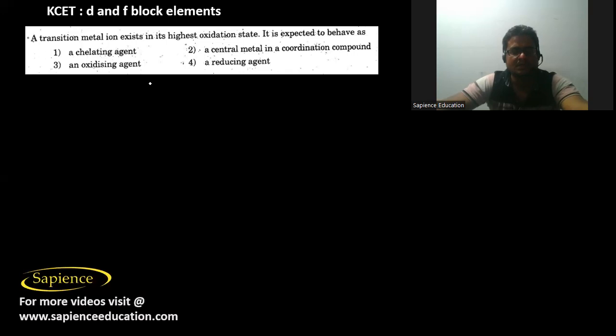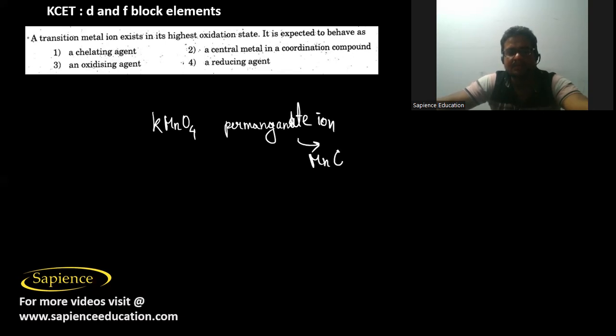Then here it is told, when a transition metal ion exists in its highest oxidation state, it is expected to behave as such. Suppose, for example, in KMnO4, potassium permanganate, we have the permanganate ion, written as MnO4 minus. In the permanganate ion, Mn is in +7 oxidation state, which is the highest oxidation state.